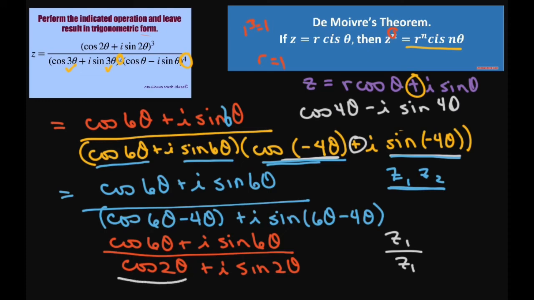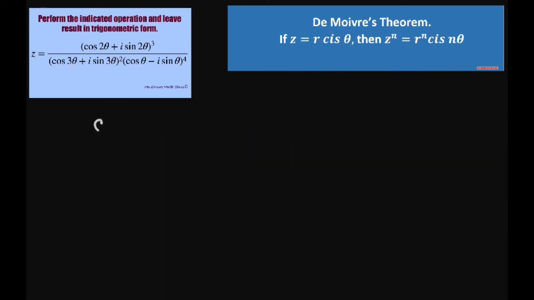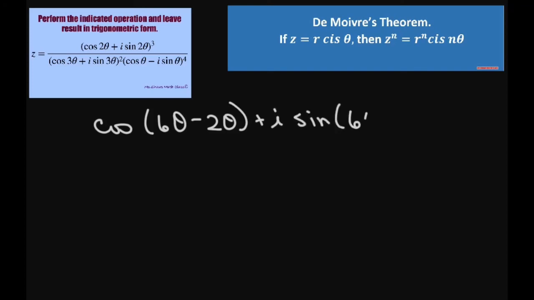So we're going to take these 2 and subtract, and these 2. And that's going to give us cosine of 6 theta minus 2 theta plus i times sine of 6 theta minus 2 theta.